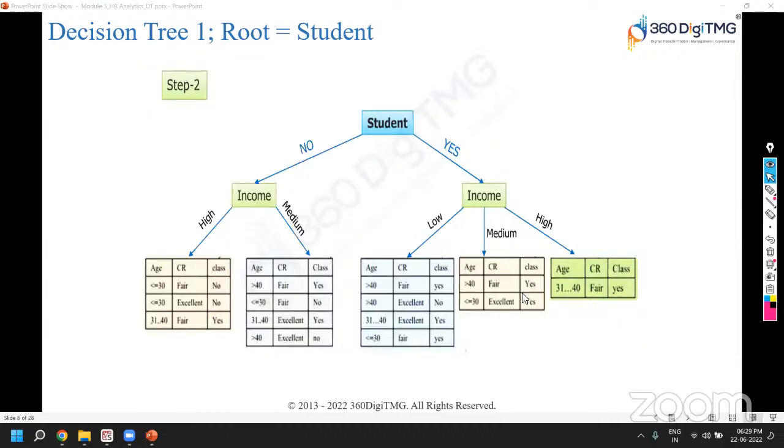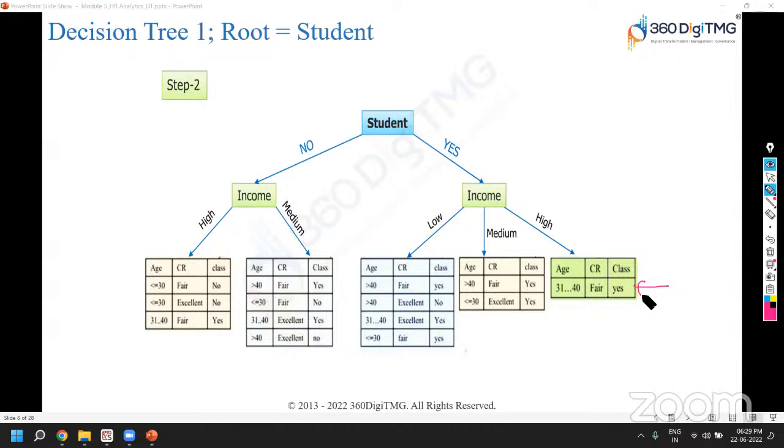Now we keep branching out until we can decide on stopping the growth of the tree. We've already discussed that it can happen when there are no records, or there is only one record. So this is one of the areas where you can immediately stop the growth of the tree. There's no record further to grow the tree. That's one way.